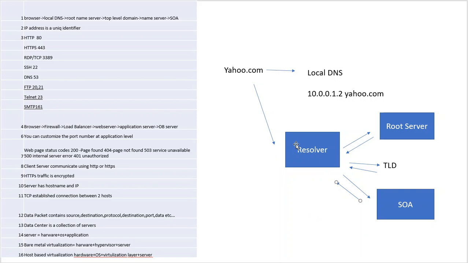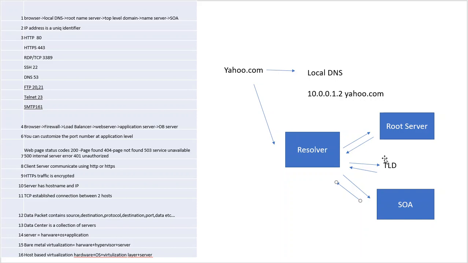Once it fetches, one more thing it will do is put it into the cache, so that the second time there is no need to do all this, and it will display the yahoo.com website. This is how it works.